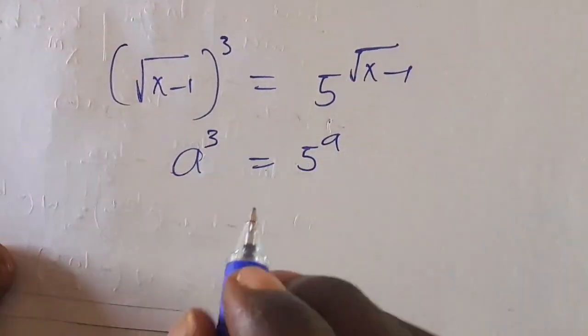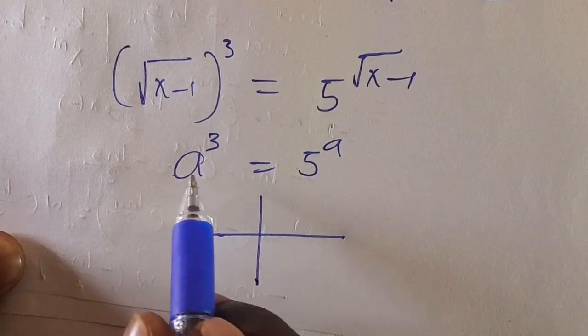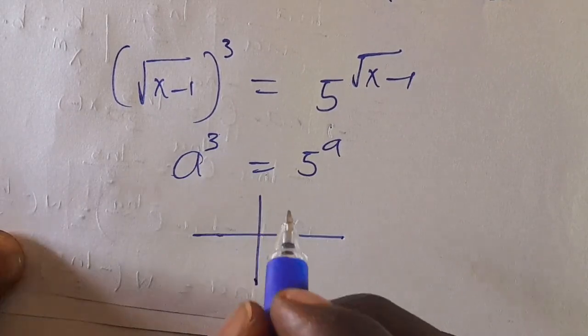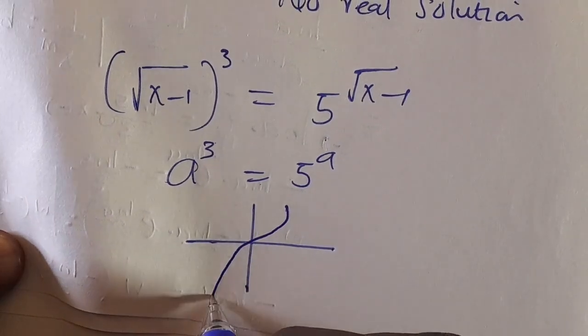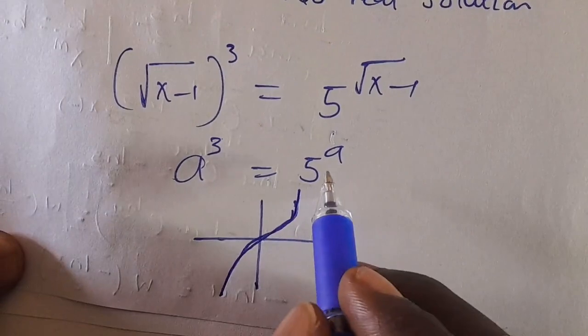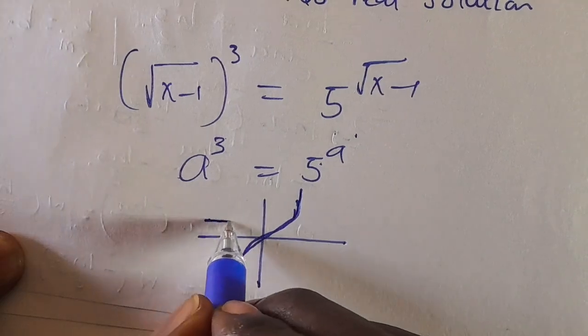Now, by using the graph, a to the power of 3 is a cube. The graph of a cube normally looks like this. And we have this one to be 5 to the power of a. This is an exponent. We normally have the graph move like this.